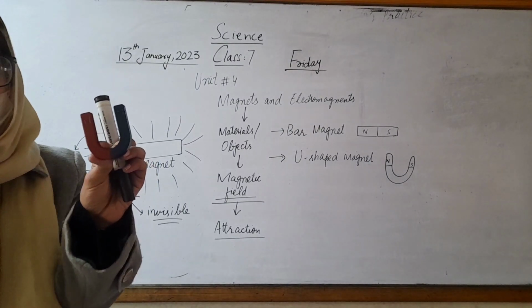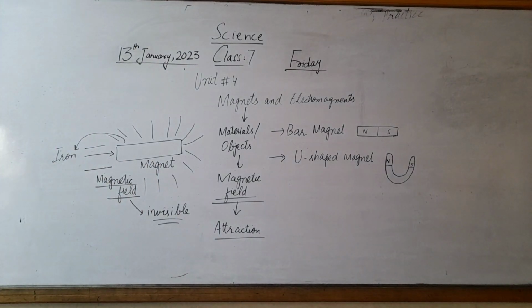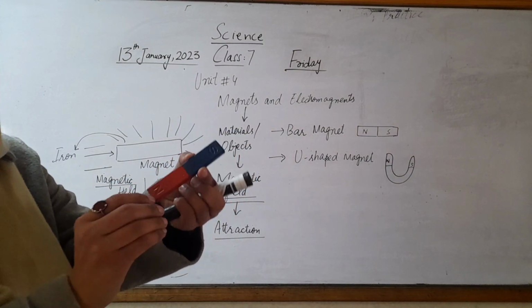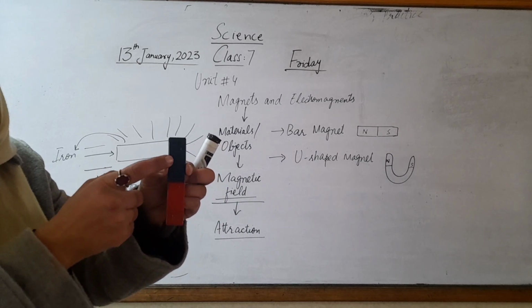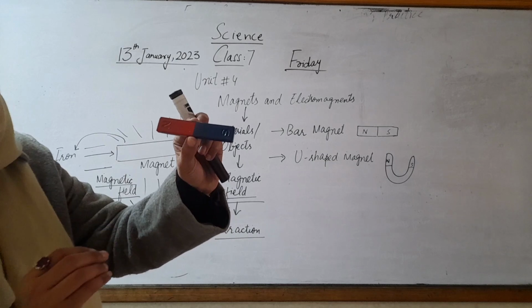It's clear to you all? Okay. And the bar magnet is a bar shape. You can observe the bar-shaped magnet in this form. Red one is north and blue one is south. I have drawn it in this manner on the board.